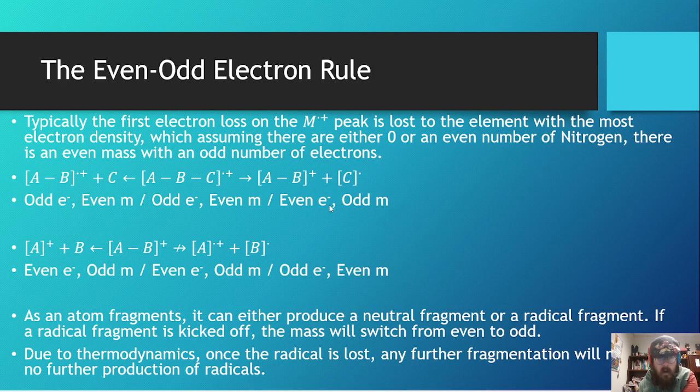The molecular ion peak always starts with the even mass. When we kick off a radical, we're going to switch one way versus the other. Like when we lose a neutral molecule. Yeah, I'm not going to worry about this.